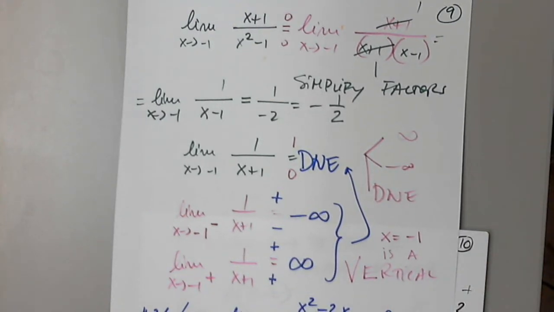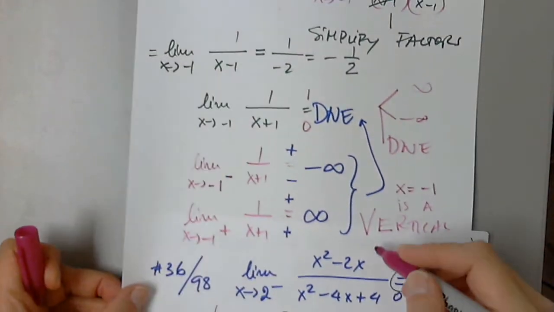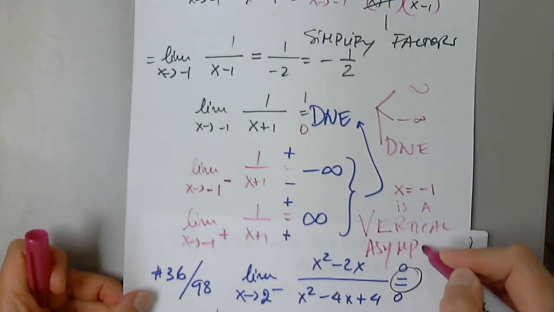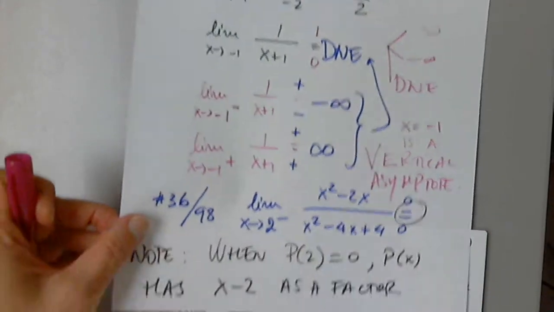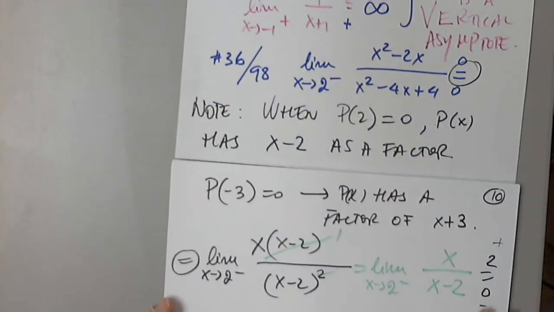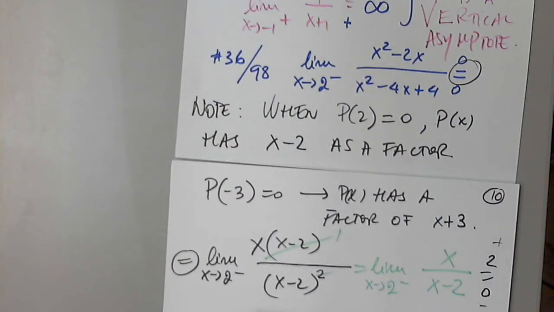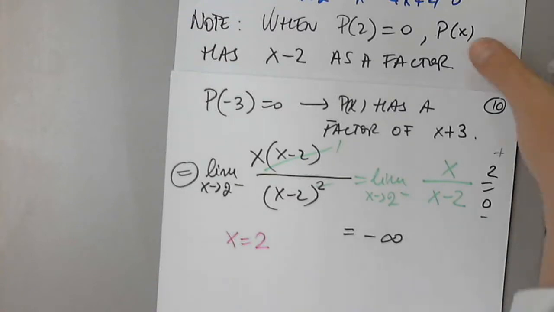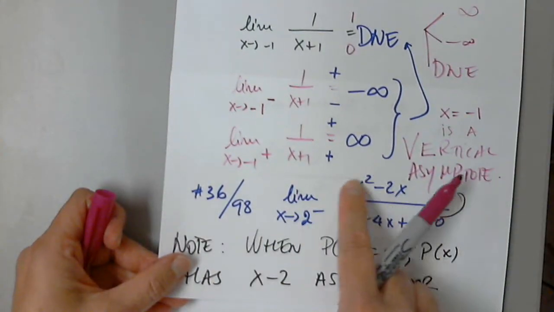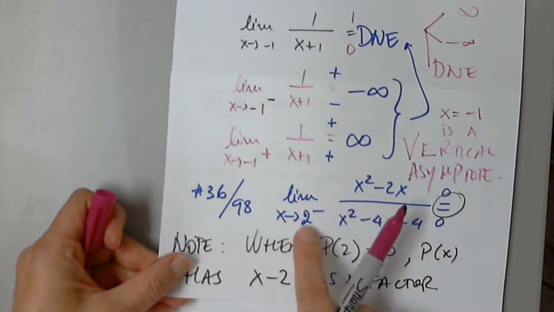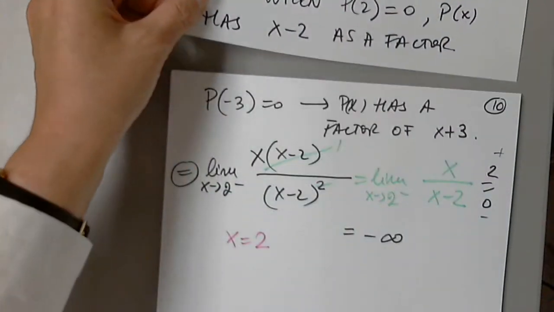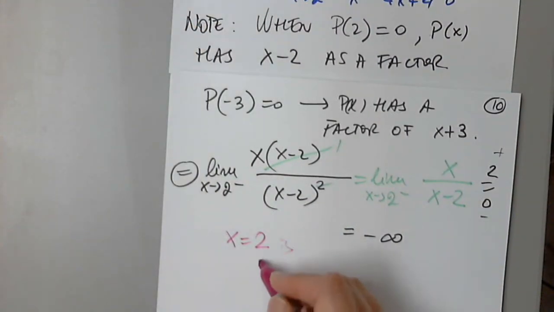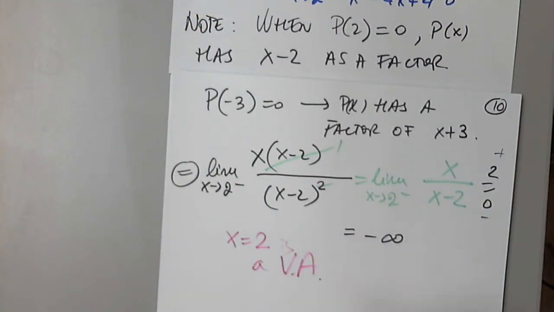If one of the sides goes to infinity, or both, it must be a vertical asymptote. Also, what do you conclude for this function, problem 36, about x equals 2? Vertical asymptote. A VA, vertical asymptote.